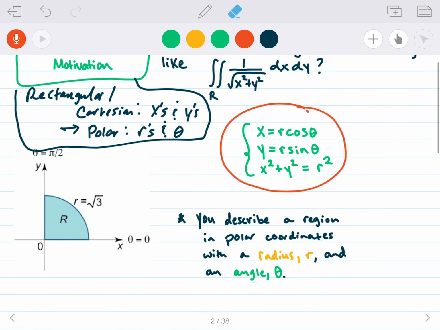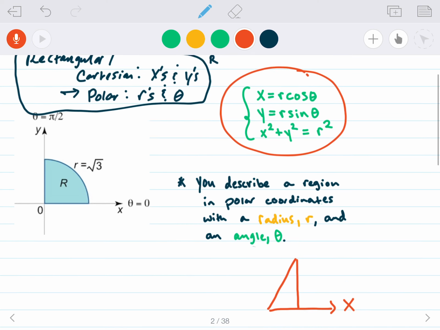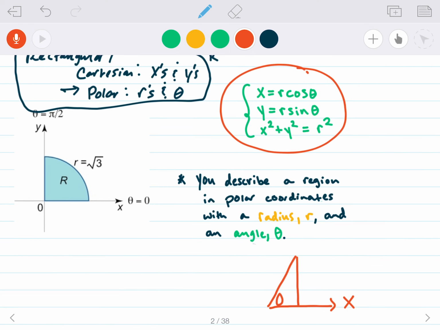So remember that, if we draw a little right triangle on the plane like this, so this is like our positive x-axis right here, and we have this angle theta that is made with the positive x-axis and the hypotenuse of this triangle.